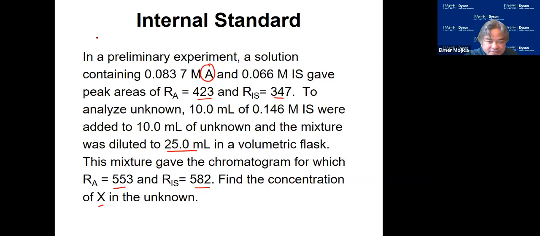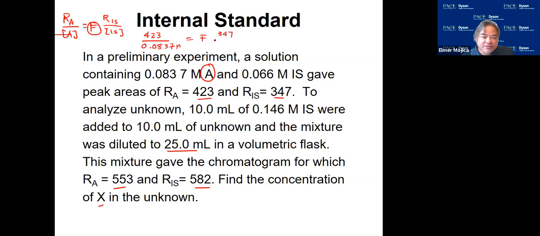So you start with the formula there: the analyte signal over its concentration equals F times the internal standard signal over its concentration. The first step is just getting F. Because if you look, you have 423 over 0.0837 equals F times 347 over 0.066.